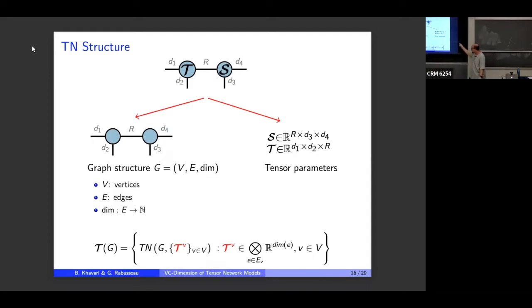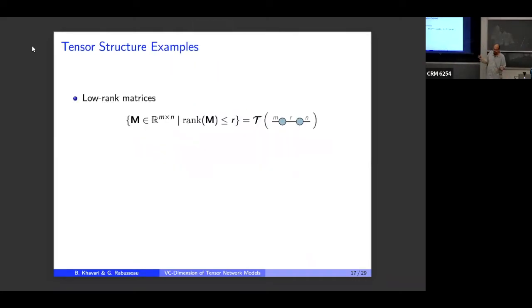And here, if I have a graph structure, I can define this set of tensors. This is the set of all tensors that I can construct by just plugging in some parameter, this T_v, for each vertex in my tensor network. I have some tensor whose dimension is the one that I need to plug in, and I get a tensor in here. So maybe let's look at a couple of examples.